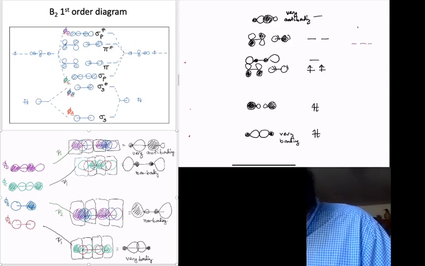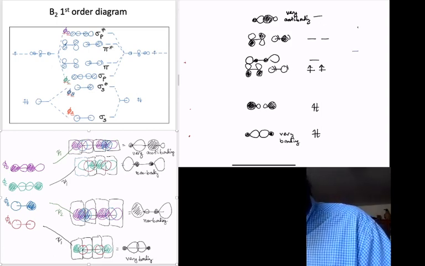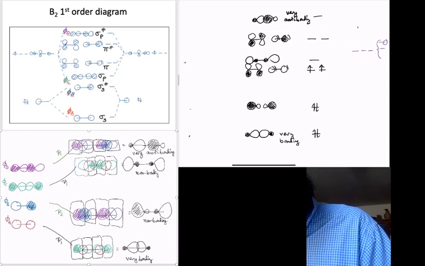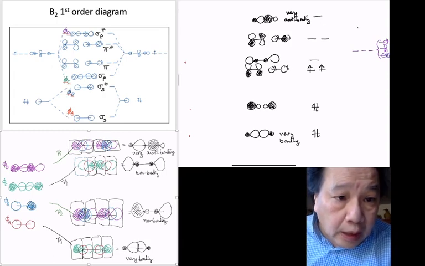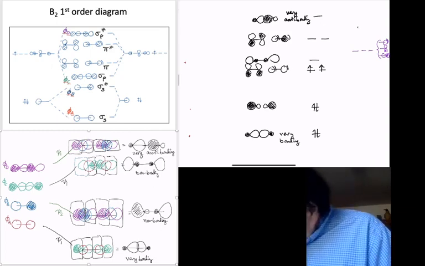Oops, in the wrong position. Here I'll put the original AOs. 1, 2, 3. There it is for the one on the left. And here it is for the one on the right.